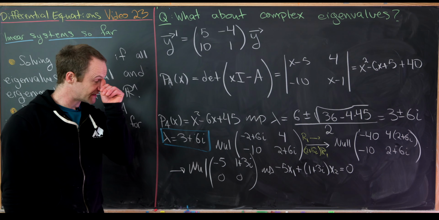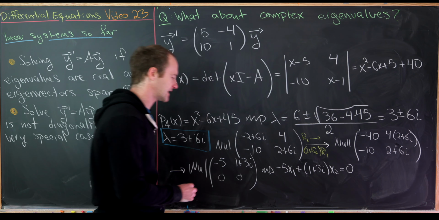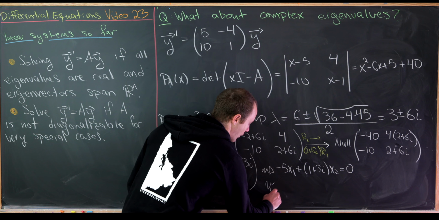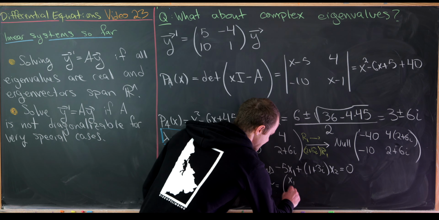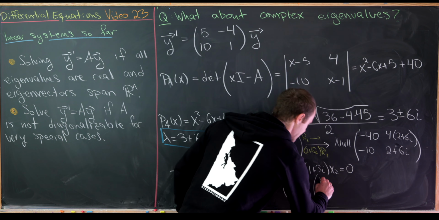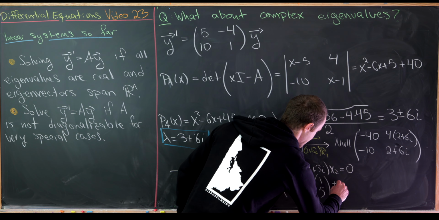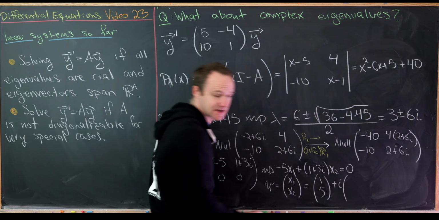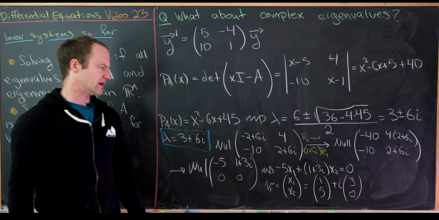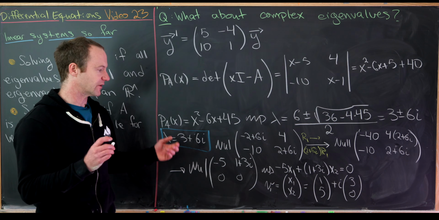But now moving some things around and solving for x1 and x2, you can see that our eigenvector, which I'll write as v1 maybe, which is x1, x2, can be taken to be 1 plus 1, 5, and then plus i times 3, 0. And that's just by choosing the appropriate value of the free variable.